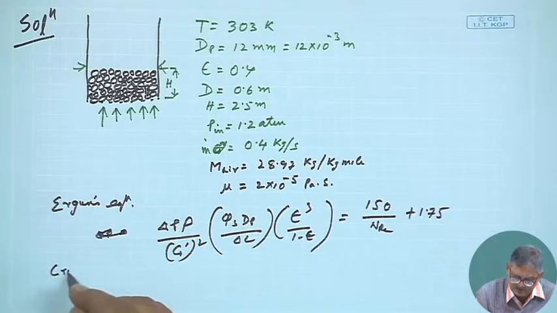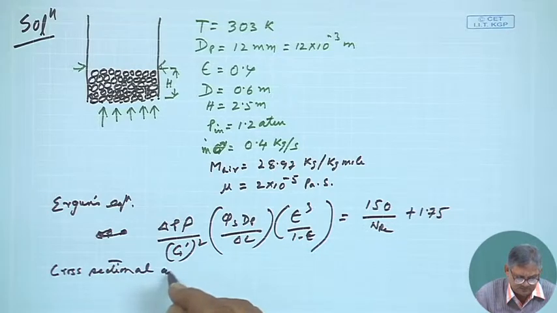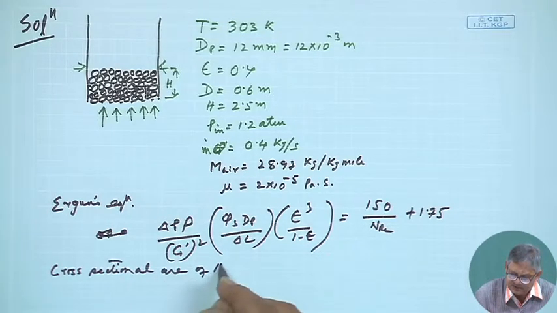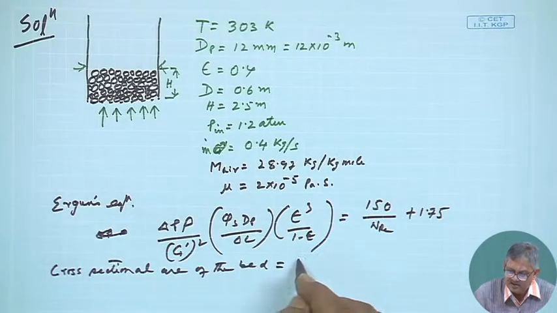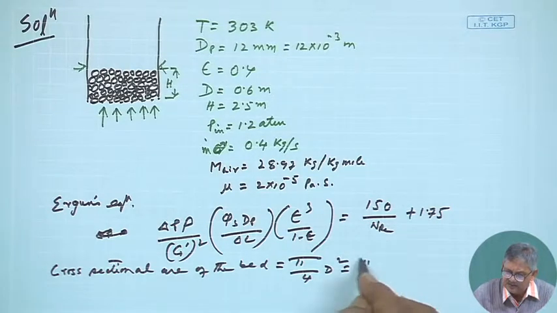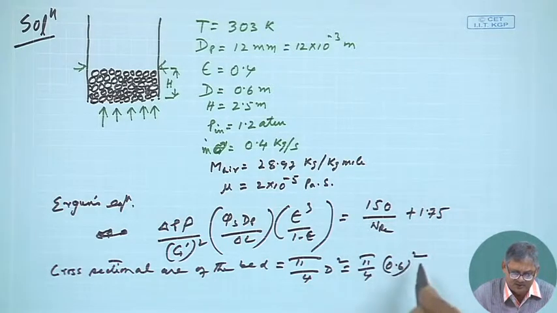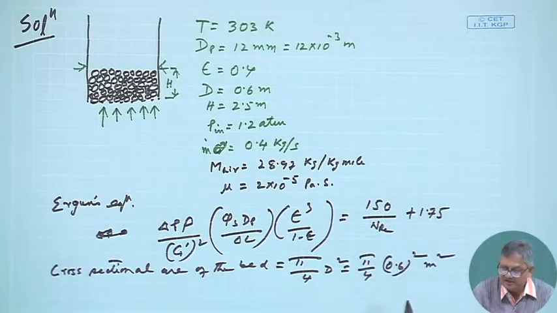So the cross sectional area of the bed we can write to be pi by 4 D square, which is pi by 4 into 0.6 square, so much meter square, right.